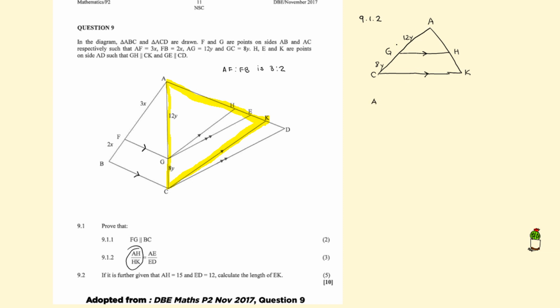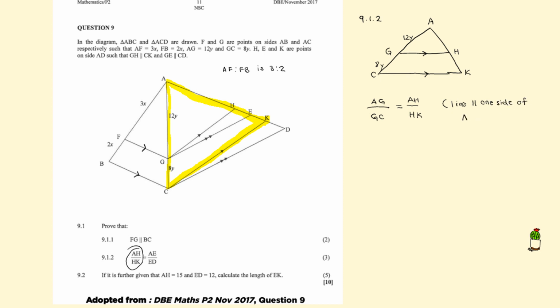So AG to GC is in the same proportion as AH to HK, right? Why does this hold true? Because there is a line drawn parallel to one side of triangle.